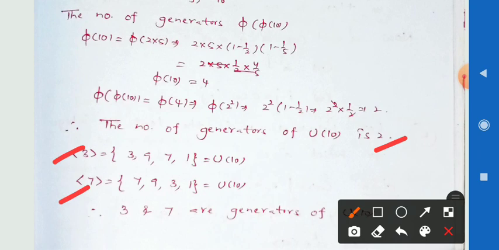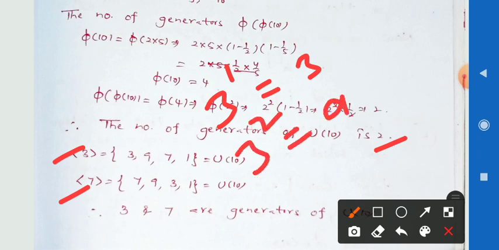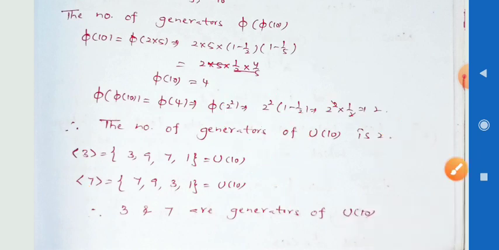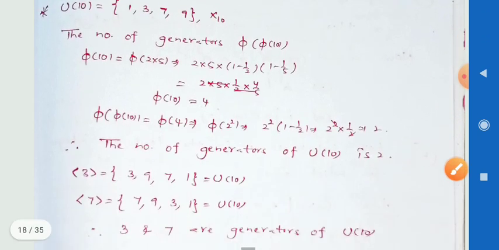How can we conclude that this 3 is the generator and this 7 is the generator? We can say 3 power 1 is 3, 3 square means 9, and 3 cube is 27. Here the operation is only multiplication modulo 10.